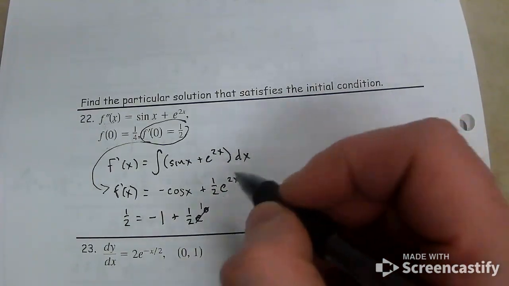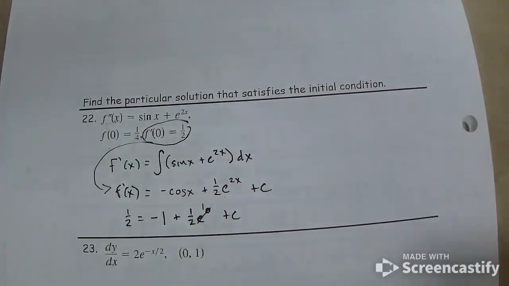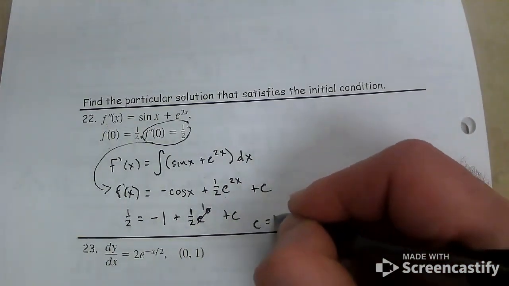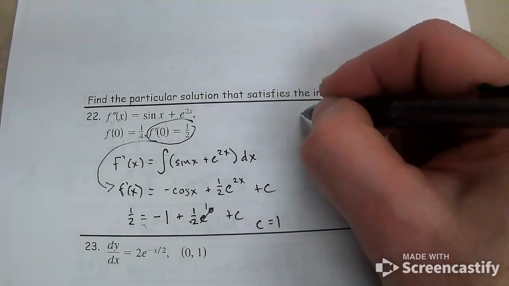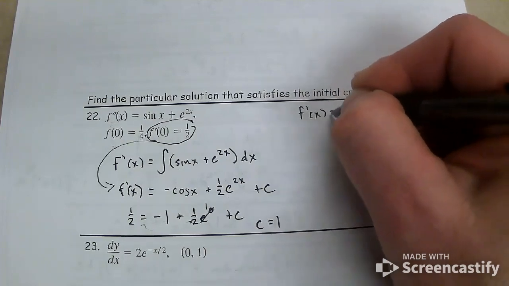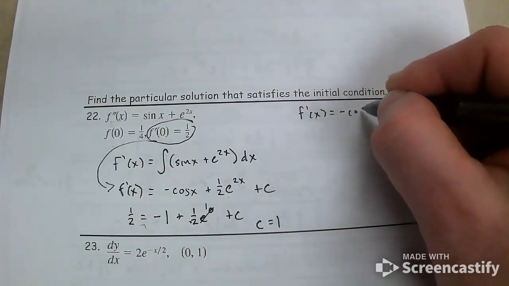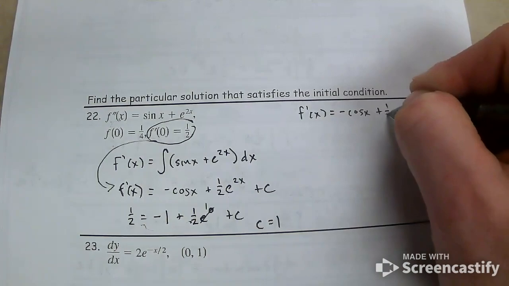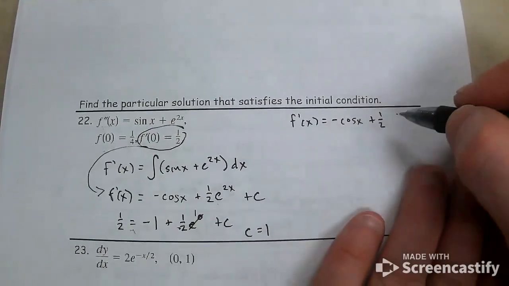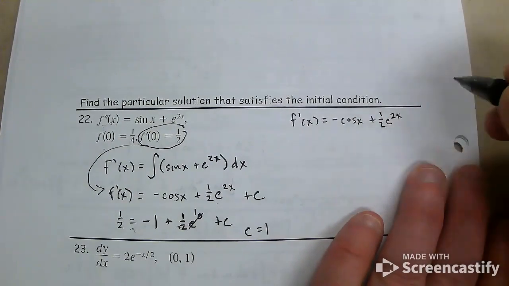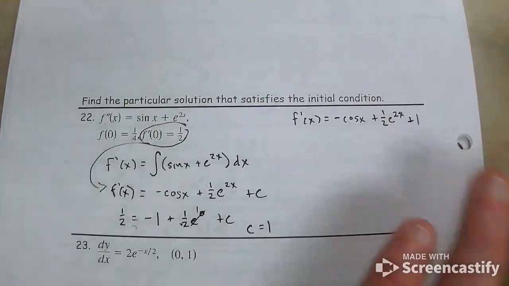So this is going to be 1/2 plus c. At the end of the day, c is going to equal 1. You subtract the 1/2 over, add the 1 over, you get 1. So f prime of x equals negative cosine x plus 1/2 e to the 2x plus 1.